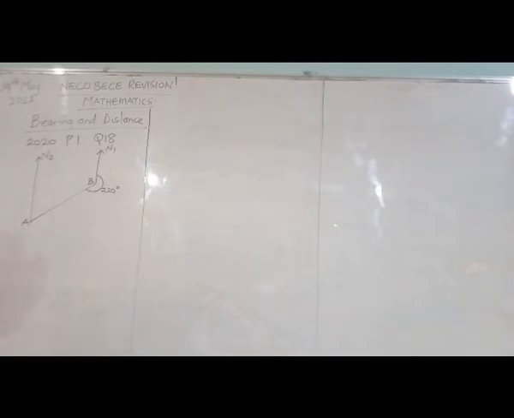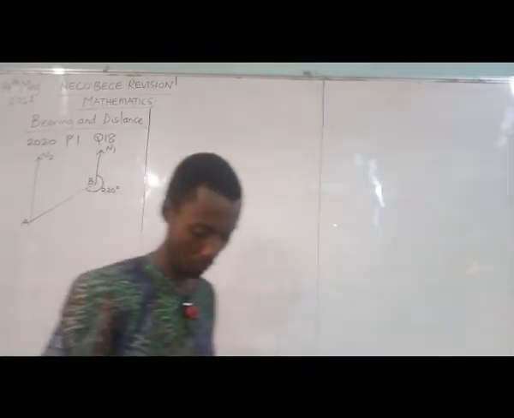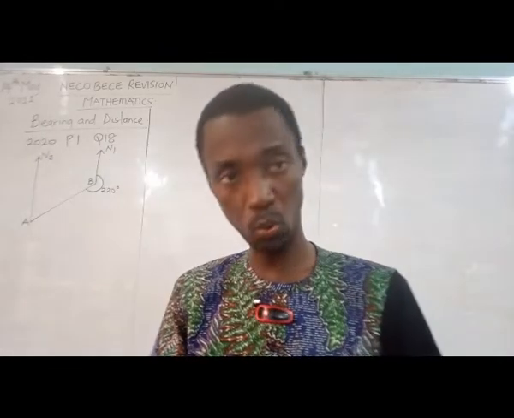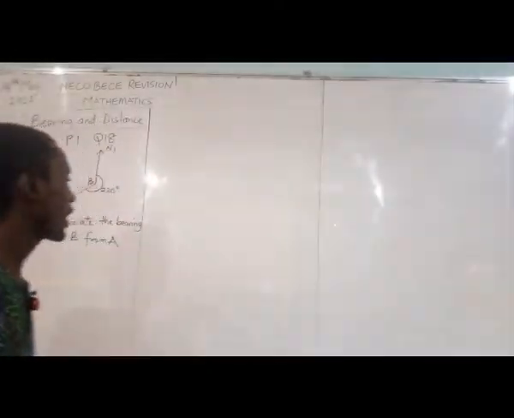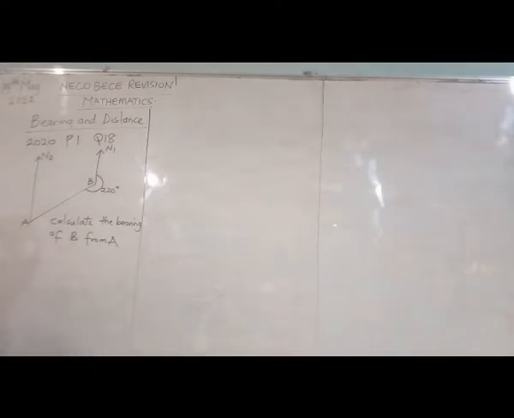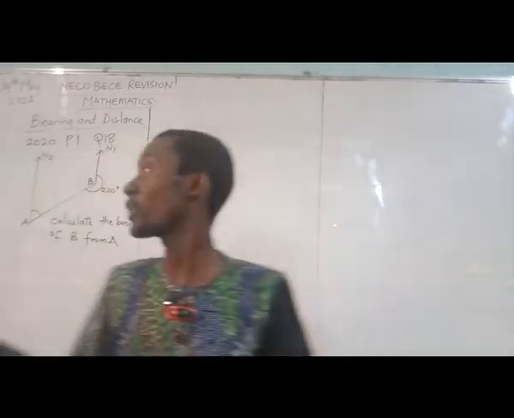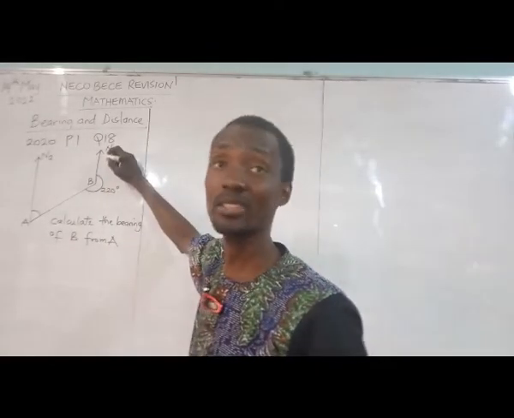The question requires us to calculate the bearing of B from A, because the one who did this compilation for us didn't specify what the question was. B from A means this is the reference, this is the angle they want us to calculate. This one is very simple. In handling this, you need to remember your concept of alternate angles.